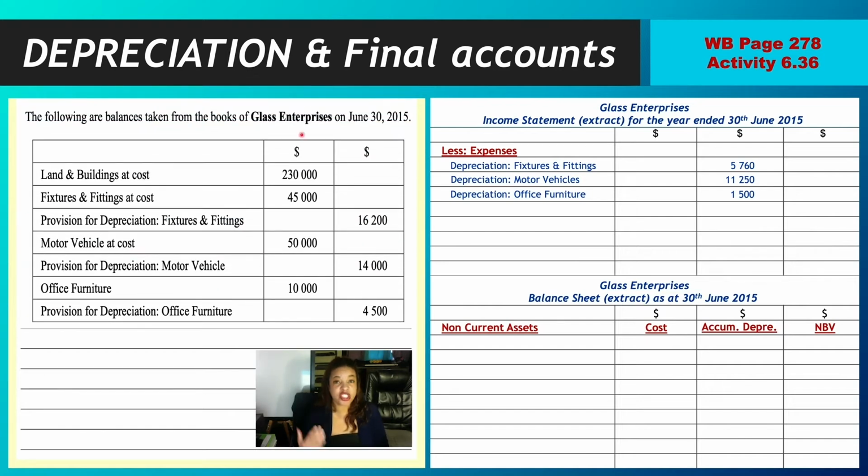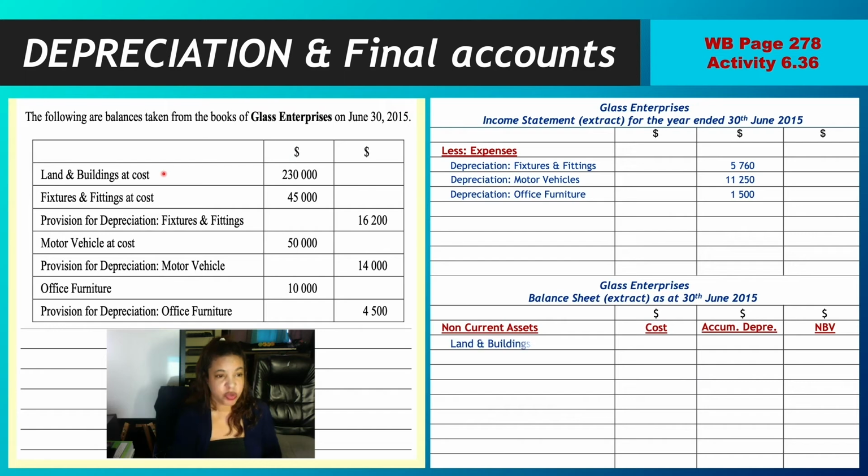Make sure and check your questions. So this is very, very important. So we have land and buildings, 230,000. So that is what we are going to have to do for the balance sheet. You're going to put your land and buildings, 230,000.